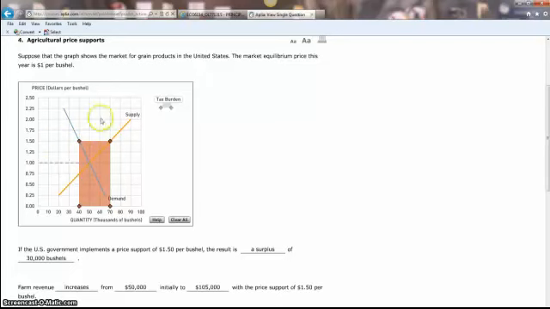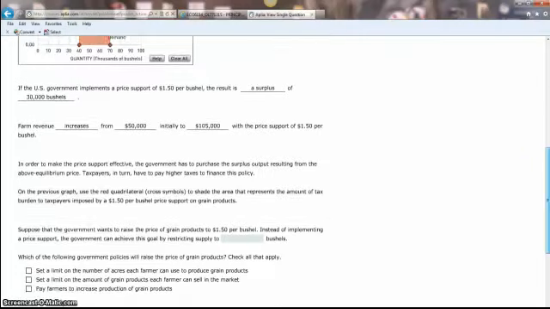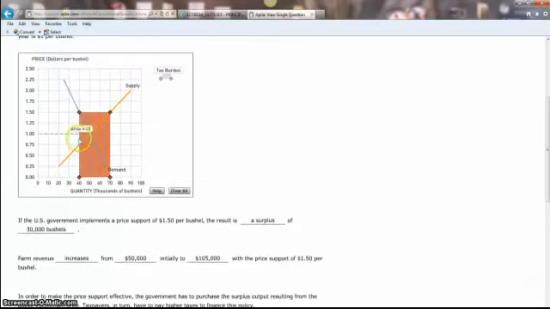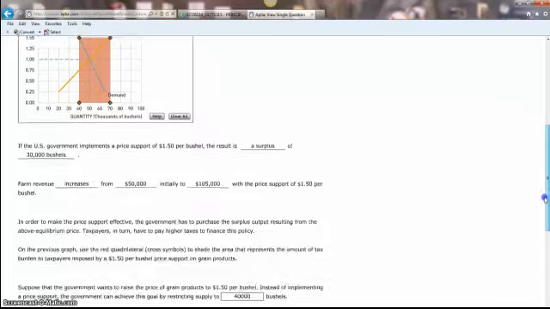To do that, the supply curve would have to be back in this area, so supply would have to decrease all the way back to 40,000 bushels. If your supply curve came right through this X, then where quantity demanded equals quantity supplied would be here at 40,000 bushels.